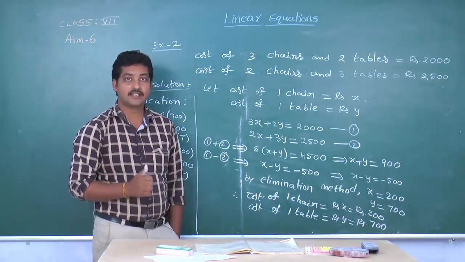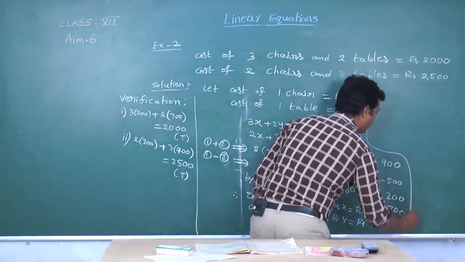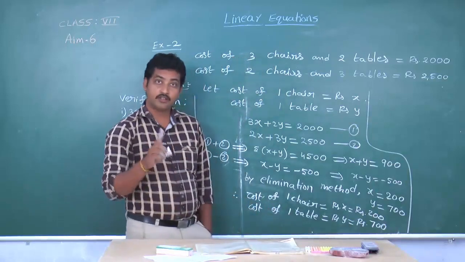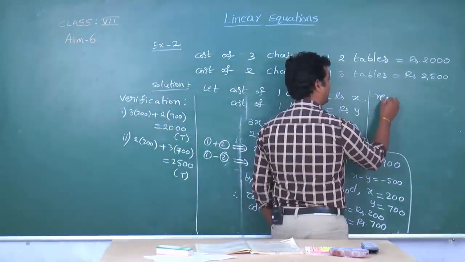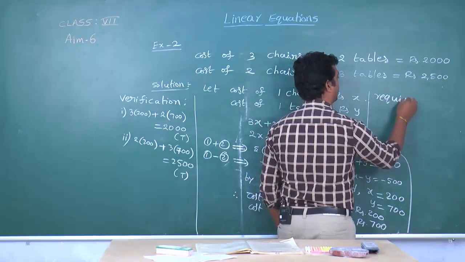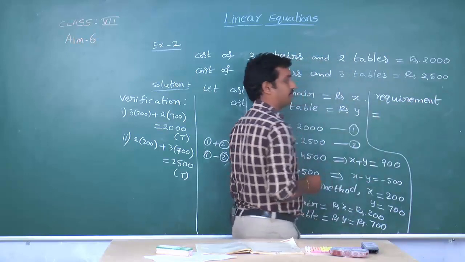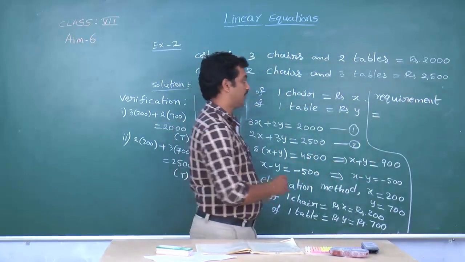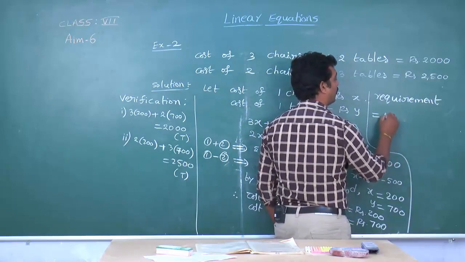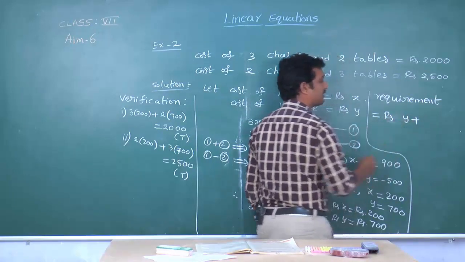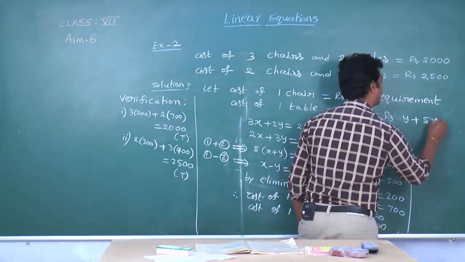But finally, what is the requirement? What is the final requirement? We have to find the cost of one table and 5 chairs. Therefore, the requirement is equal to the cost of one table, that is y, plus the cost of 5 chairs, 5x.